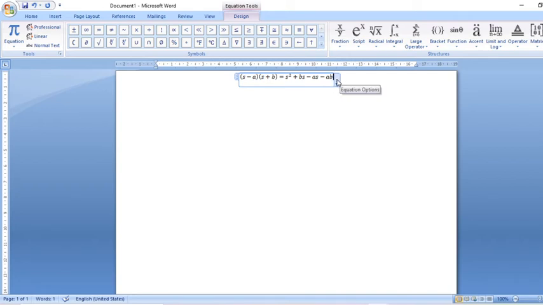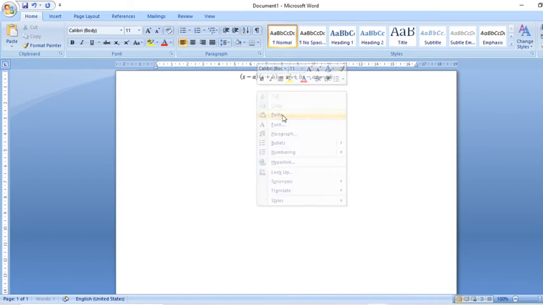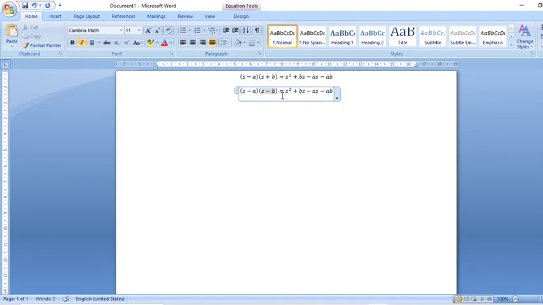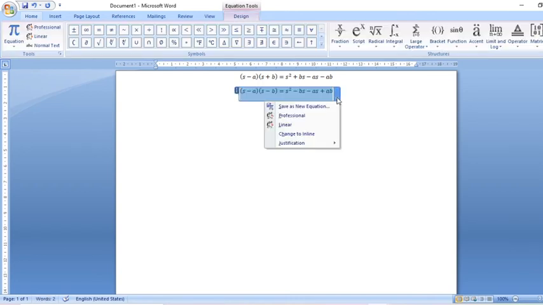That's one formula, and this is the formula.